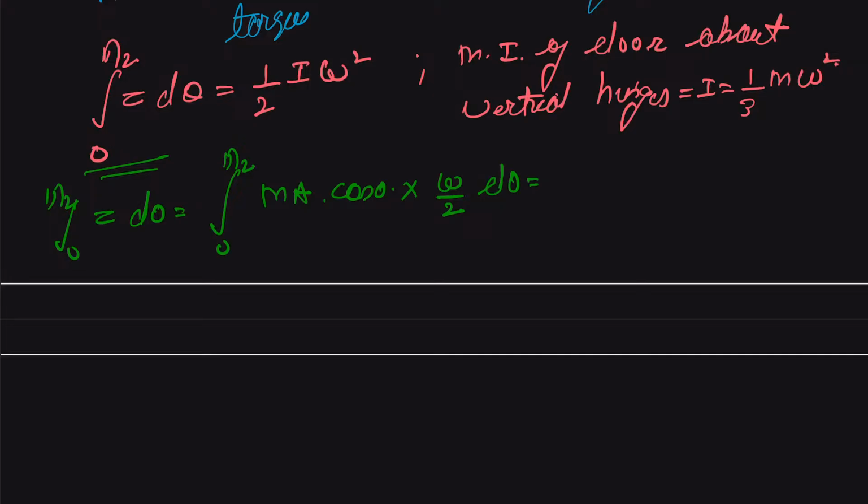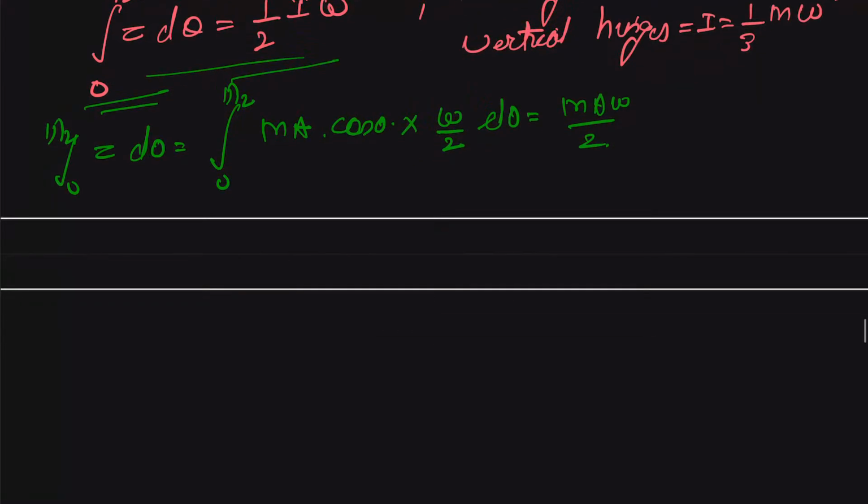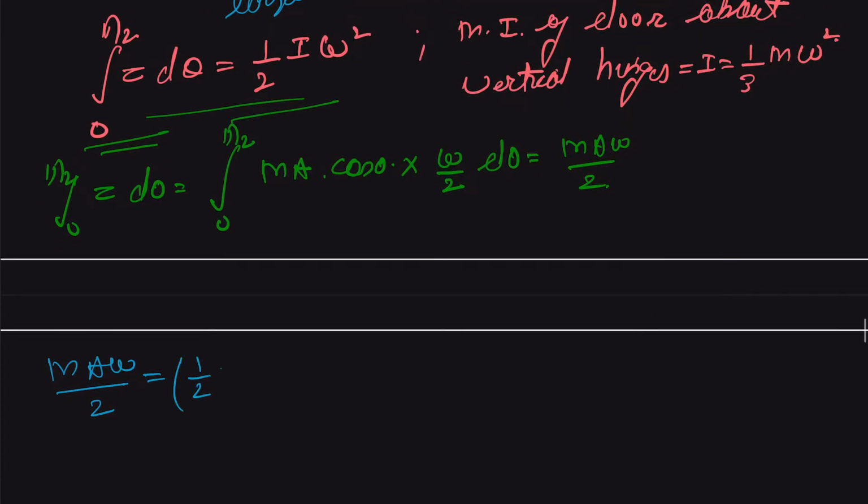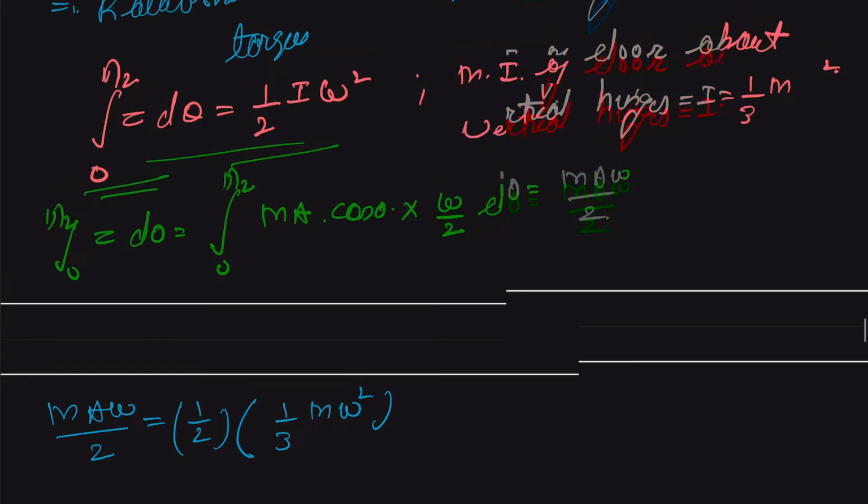Therefore we get MaW upon 2, and we can equate this part. So MaW upon 2 is equal to 1 by 2 times the moment of inertia, which is 1 by 3 M W square, omega square. Sorry, this is W, the width, not omega.